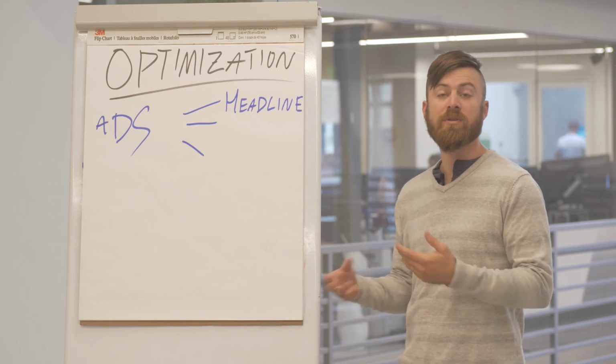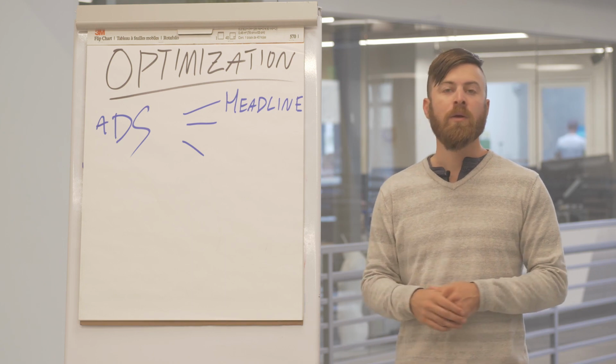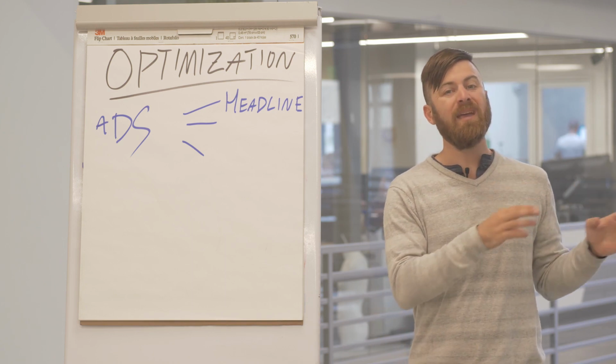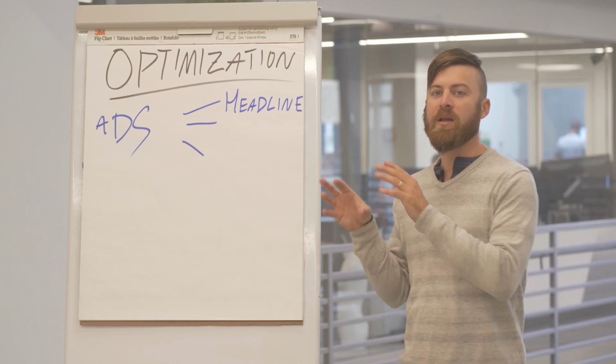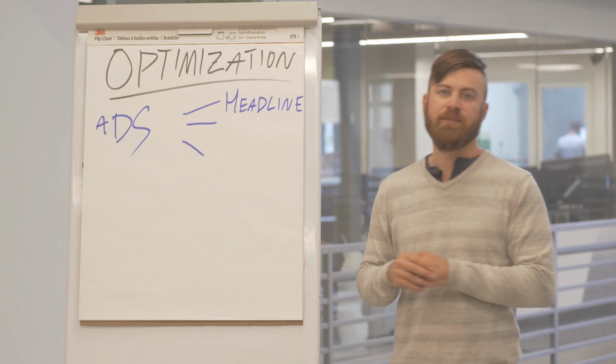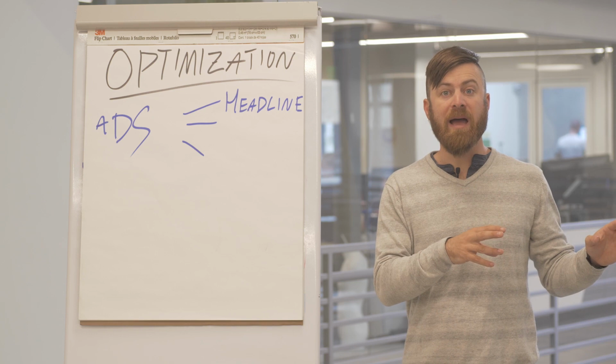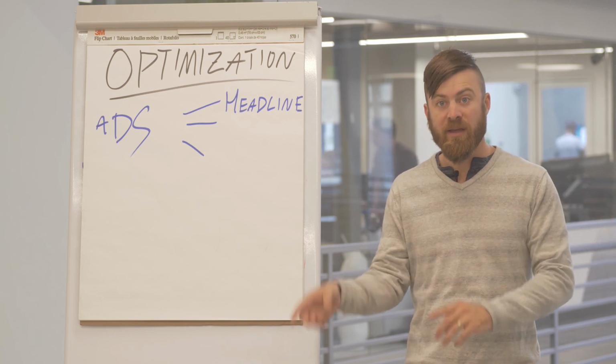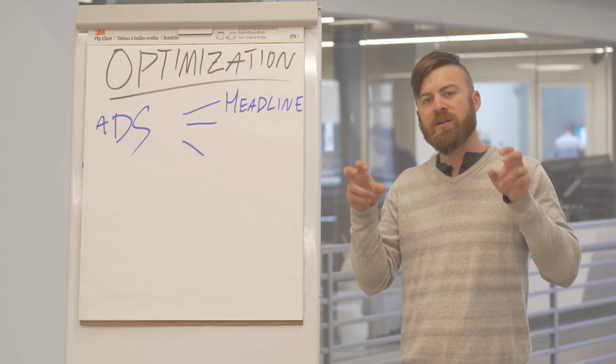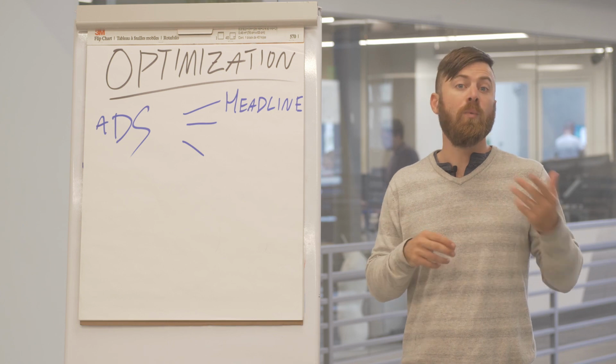Maybe you're selling a natural supplement, right? Or something, maybe it would say big weight loss companies hate this. Or she used to weigh 300 pounds and now this. So those are examples of headlines for a weight loss product.